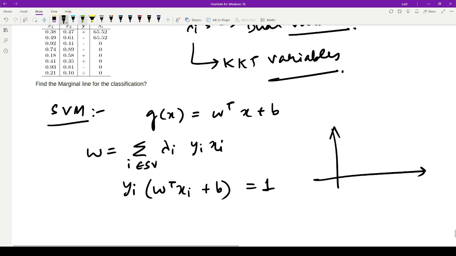If you remember clearly, this states that whatever classifier we have should have some minimum margin on both the sides, and the margin should be maximized.